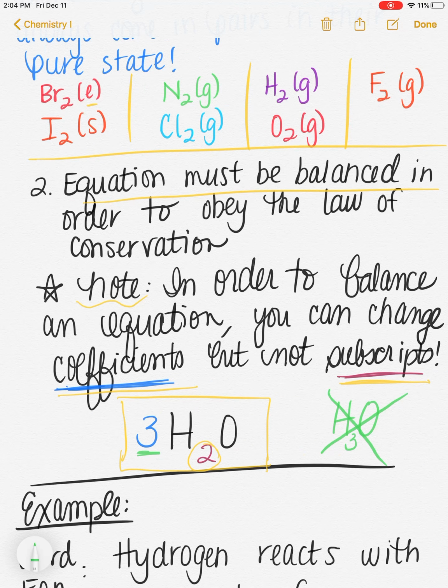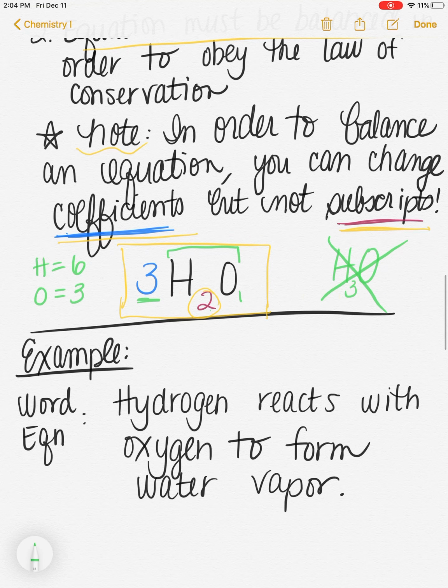You are, however, allowed to put these coefficients out here. And if you put a coefficient out there, that multiplies across the entire molecule. So when I wrote a 3 out there, now that means I have 3 times 2 hydrogens. I've got 6 total hydrogens. I also have 3 times the 1 oxygen, so there's 3 total oxygens.